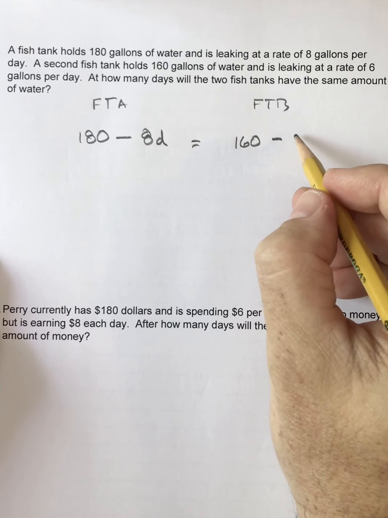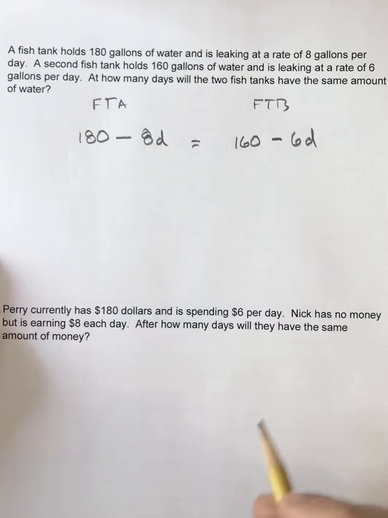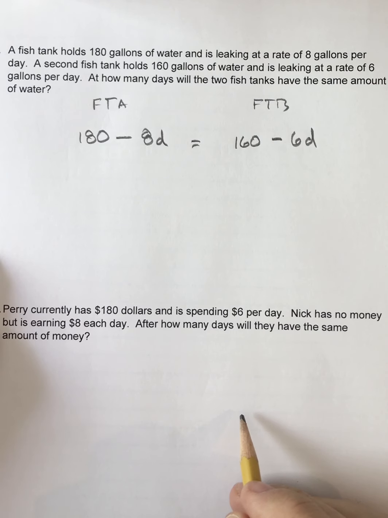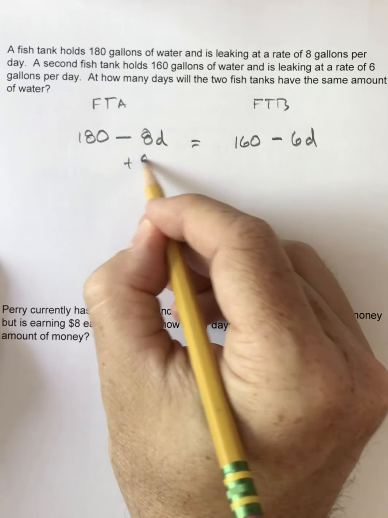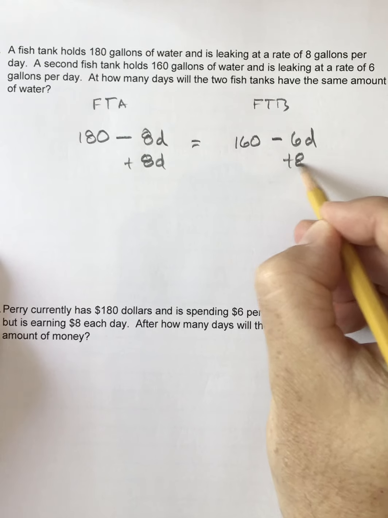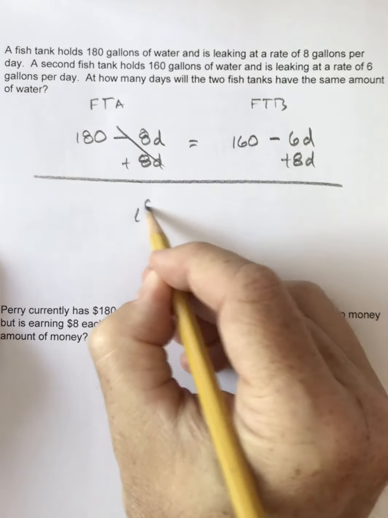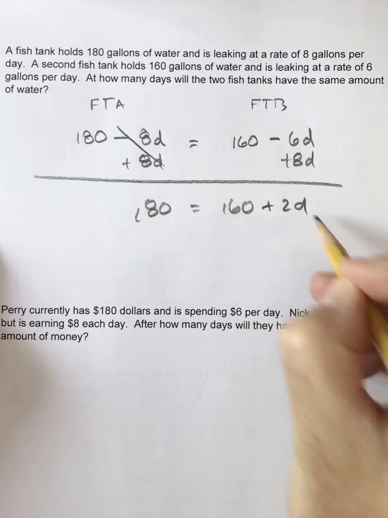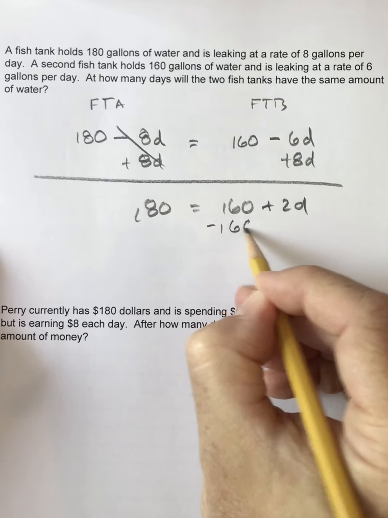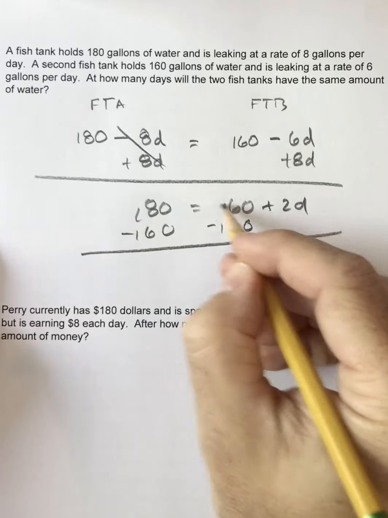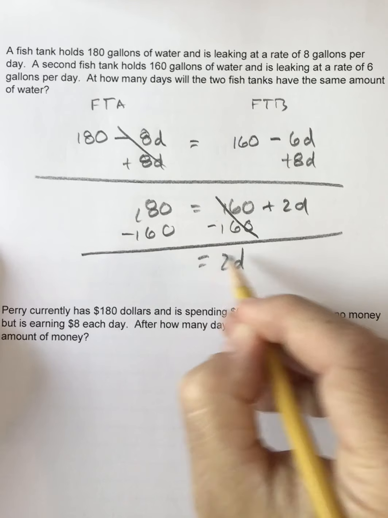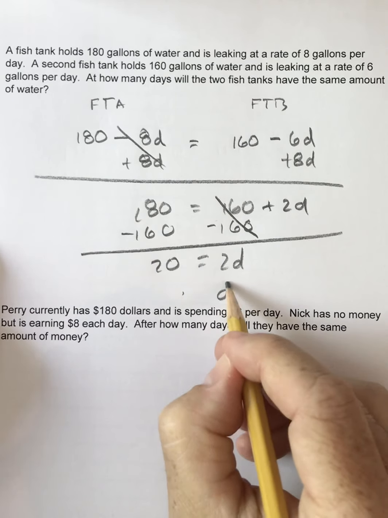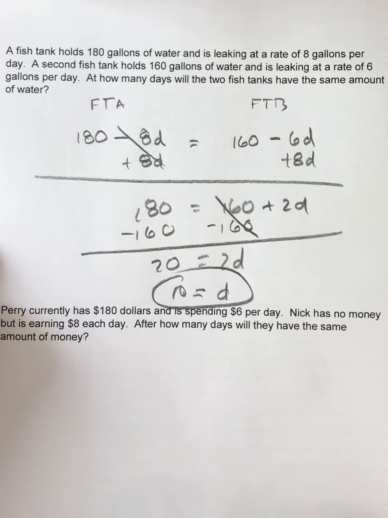Leaking, and again, because it's leaking, I'm using subtraction. All right, so with a little simplification, plus 8D cancels. And D equals 10. You can get home from there.